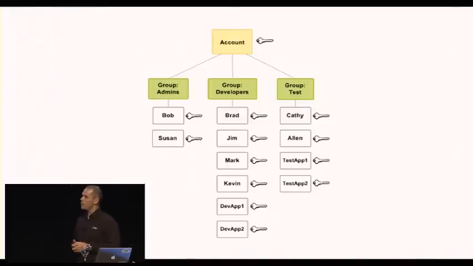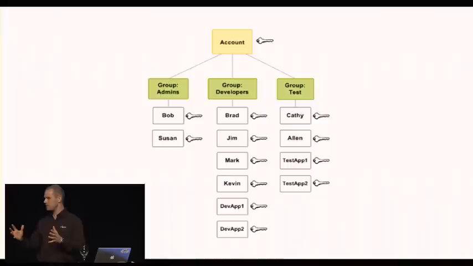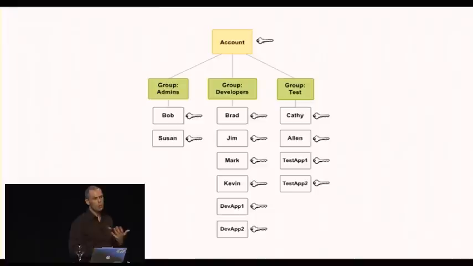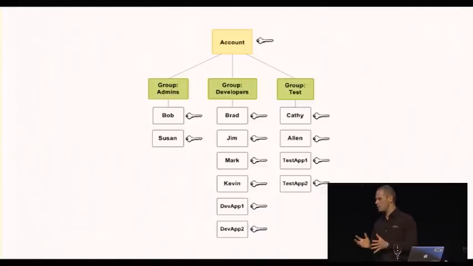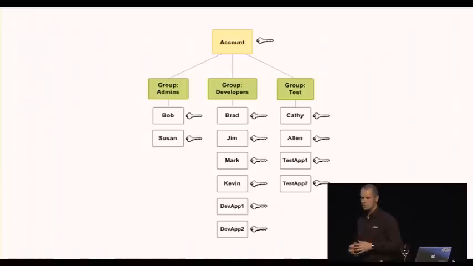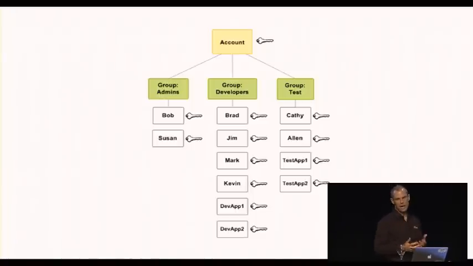With IAM, what we can do in this case is create 3 separate groups. There's one group for admins, and they may have full access to resources. There's another group for developers, and maybe we'll only allow the developers to stop and start EC2 instances, but never to terminate them or to create new ones. And then maybe there's a test group, and maybe we'll only allow those guys to actually start new instances.